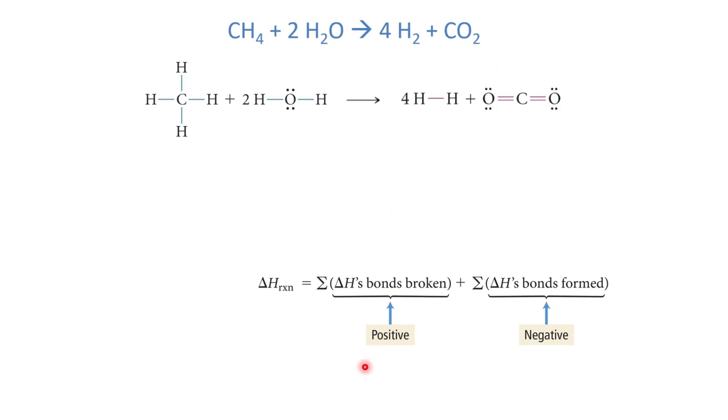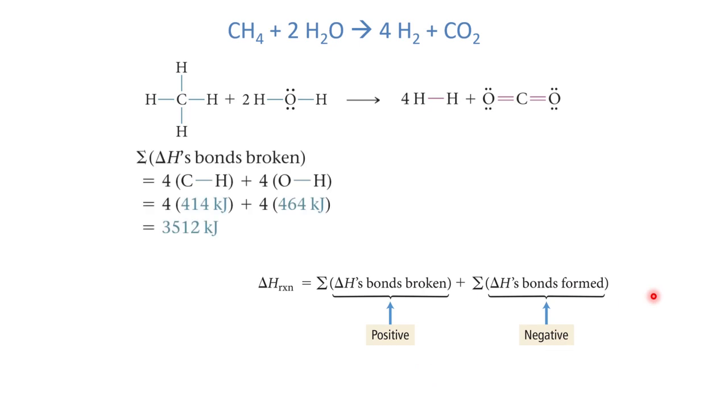And remember, breaking bonds is positive, and forming bonds is negative. So let's look at the bonds we have to break. Well, we have to break 4 of these: 1, 2, 3, 4. The bond energy for that is 414 kilojoules, and there are 4 of those.